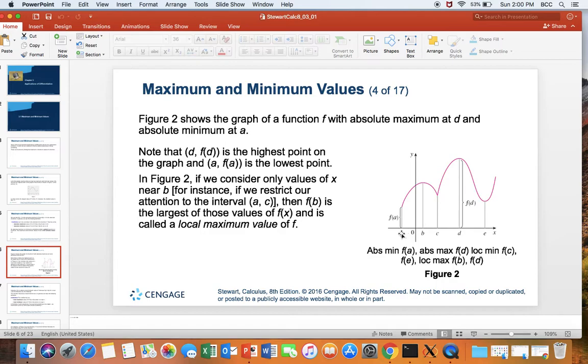So in other words, if you go from here to here, b gets the maximum height because I'm not worried about the rest of the graph. From a to c, b gets the maximum height. So such a point, f(b), is called a local maximum. Local means in a small region, it is maximum.